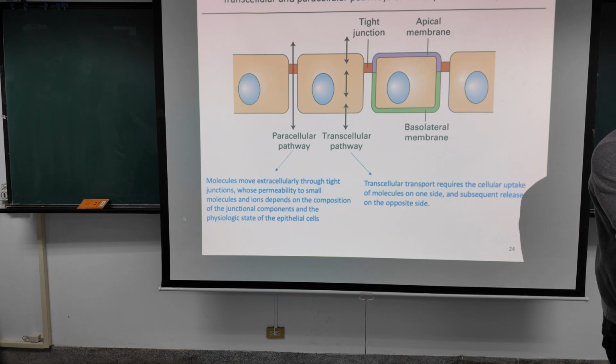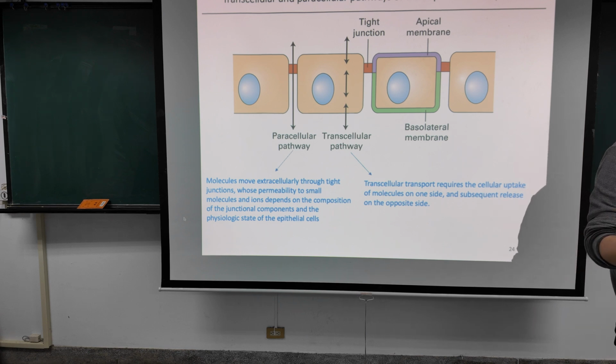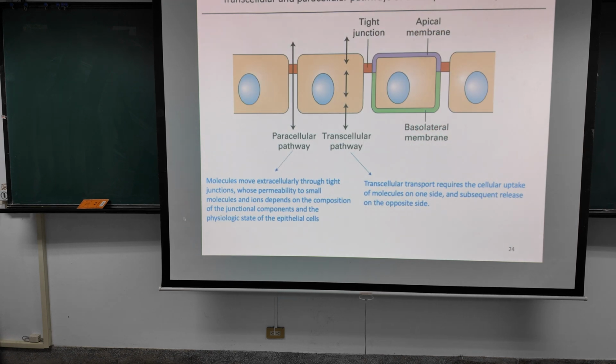Okay, I will include this in the test. It's easy, just think about it. Can you understand my question? How to prove the apical and basal layers have different lipid composition and protein composition.